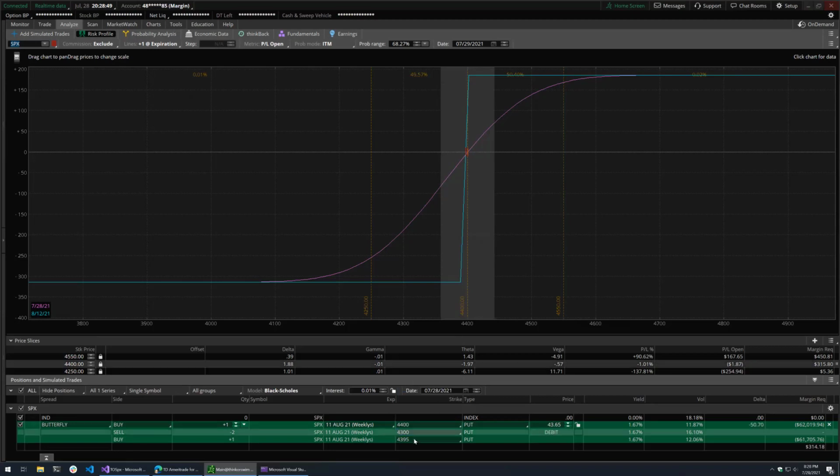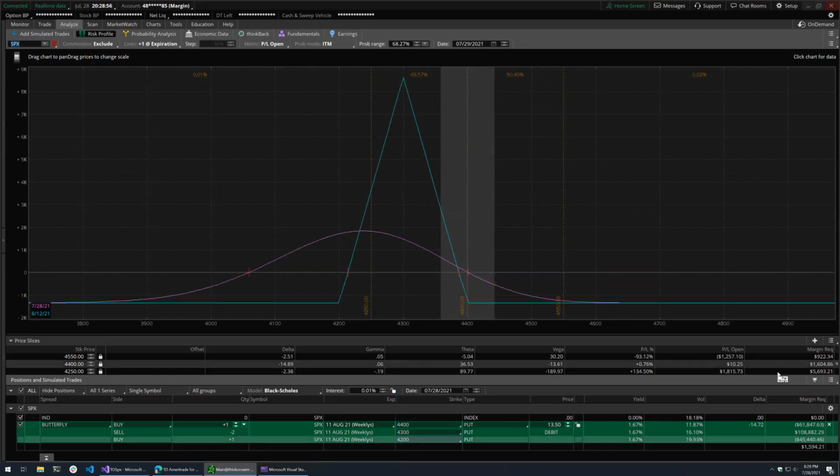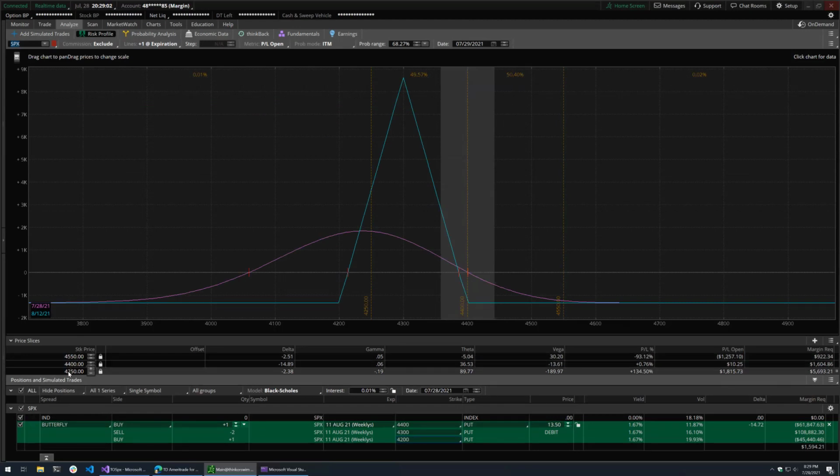I'm sure the volatility is not the same, but from a risk graph standpoint, it's easy to visualize. So I plugged in here the 4,250 right here, and this bearish butterfly would basically have its maximum profit on about that date.